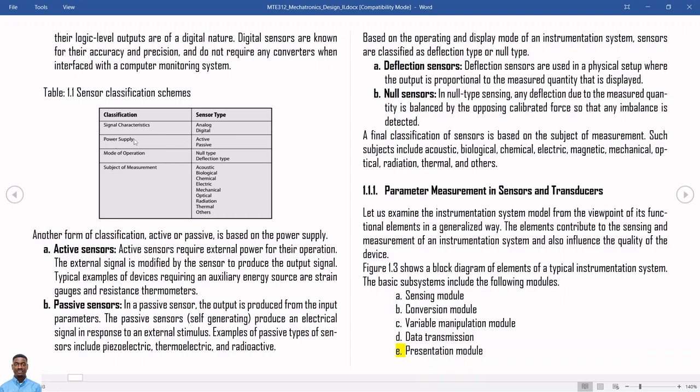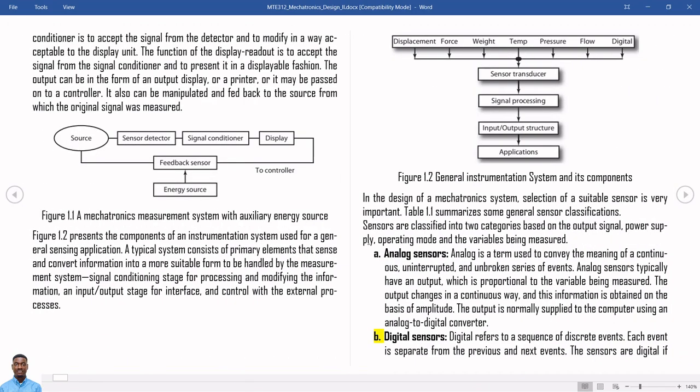For the power supply classification, we are looking at either active or passive type of sensor. For the mode of operation, it can either be a null type sensor or a deflection type sensor. Then for the variable being measured, it can be acoustic, biological, chemical, electric, mechanical, optical, radiation, thermal, or other kinds of variables. So let's look at what analog sensors are.